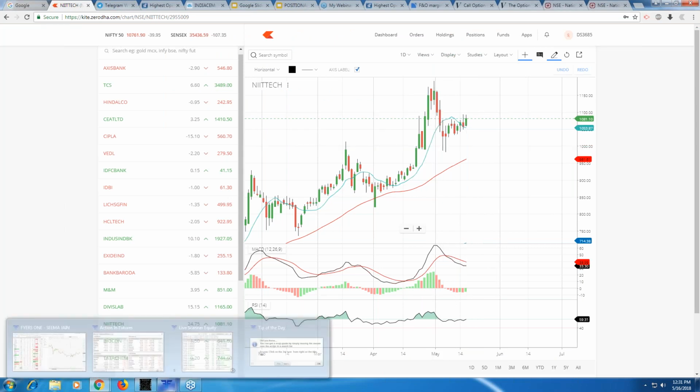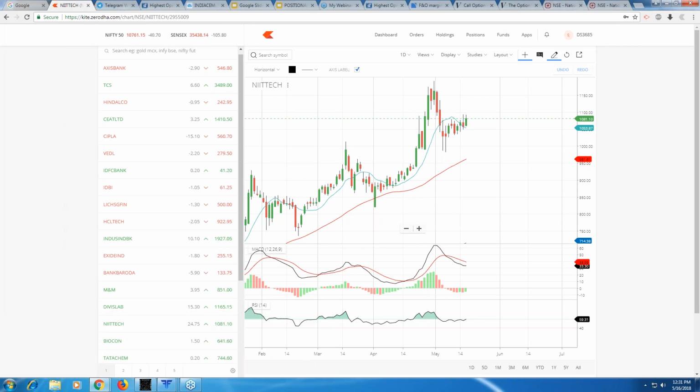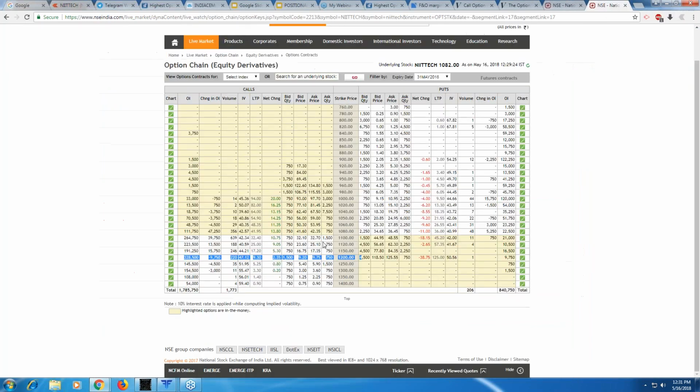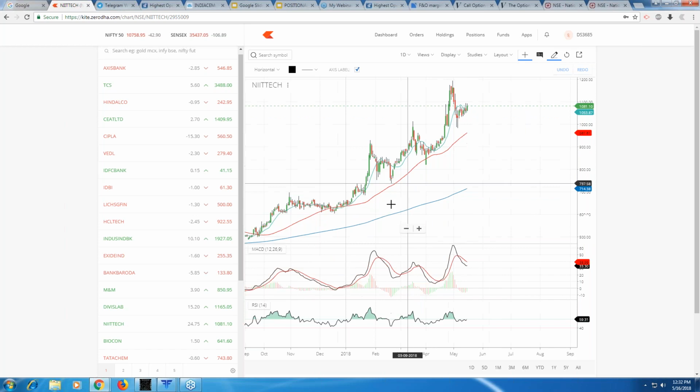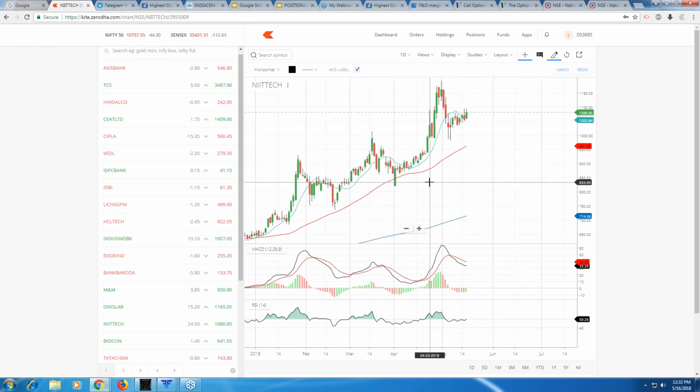So there is a difference when you buy and when you sell. When you sell, you're almost certain that you will be gaining money, but when you buy, time decay and the other factors working in favor of the sellers will go against you, right? You need a huge momentum. So when you want to buy calls, always buy on support, and on resistance you sell the options, and keep your open positions only for a day or two, not more than that.